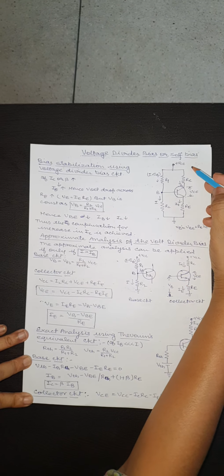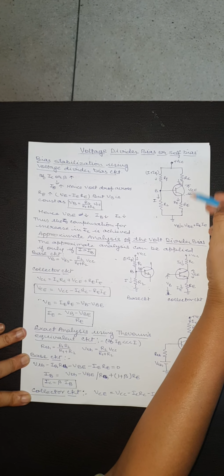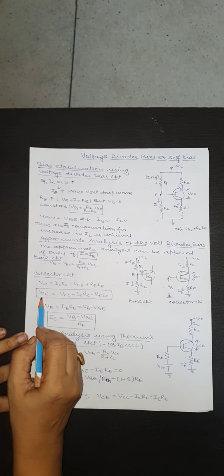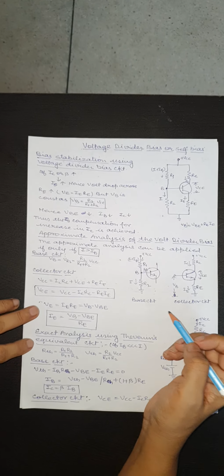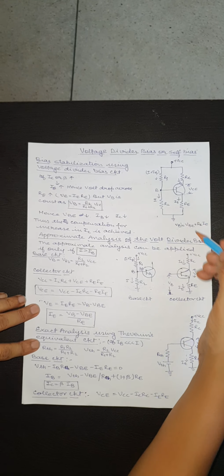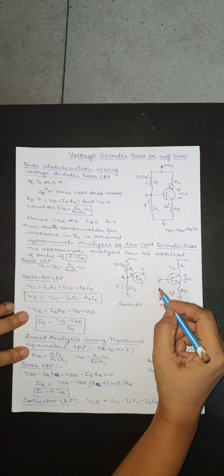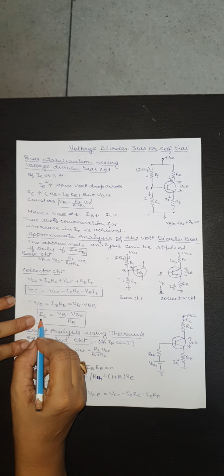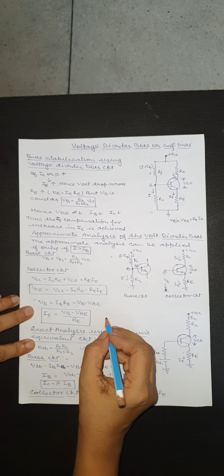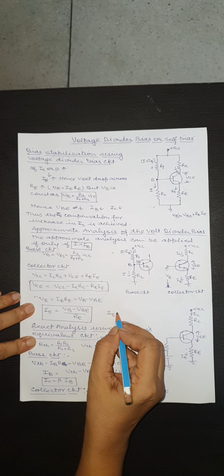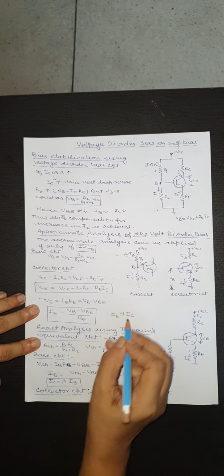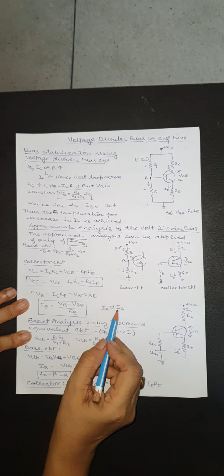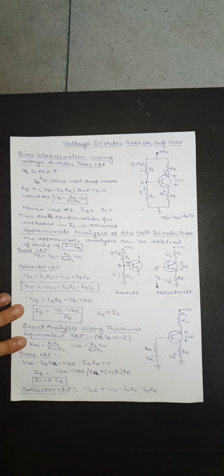If we apply KVL to this collector circuit, we get the value of VCE, and if we apply KVL in this circuit, we can calculate the value of IE, this IE is approximately equal to IC. Hence we get the value of operating point IC and VCE.